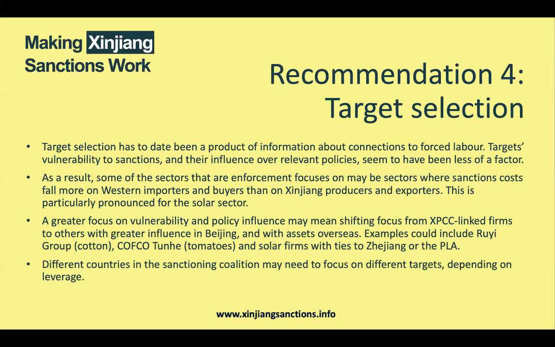And one unexpected result is that in some cases, such as solar, those sanctions may actually hurt Western actors more than they hurt the targets. We lay out ideas for changing this dynamic, including a greater focus on firms tied directly to Beijing and leveraging the strengths of different countries in the sanctioning coalition, rather than having all countries sanction exactly the same targets.